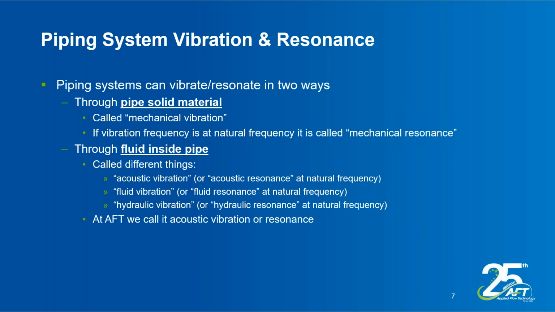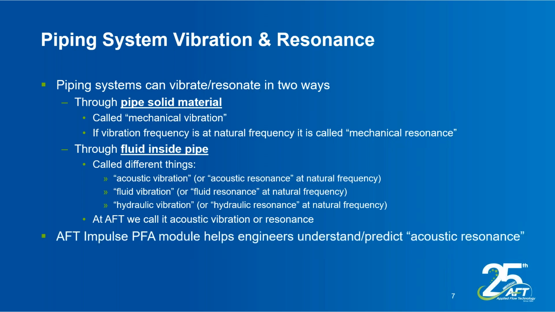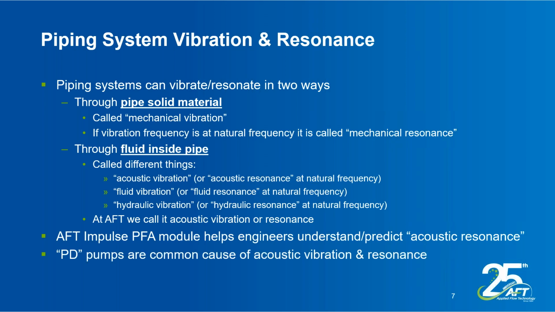So if you're doing a pipe stress analysis with a pipe stress software, you would see all sorts of different vibrations throughout the network. And they would either be mechanical vibrations or acoustical vibrations. What AFT Impulse will be able to do is tell you which frequencies are acoustical. And that way you can avoid operating the pumps at those particular speeds.